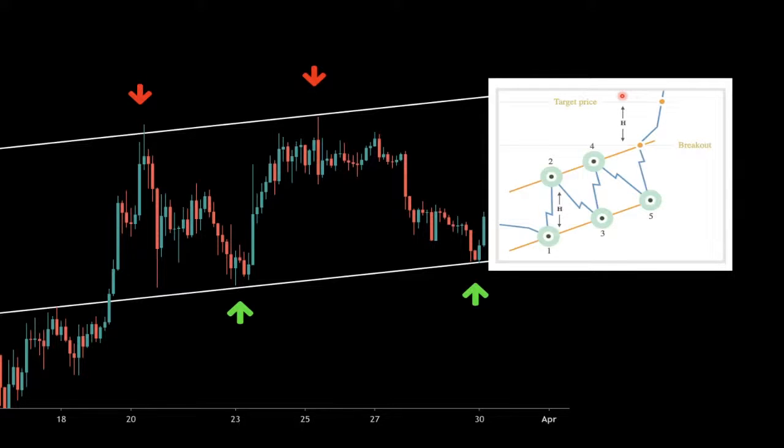So higher highs and higher lows, so these are the higher highs and these are the higher lows, characterize this price pattern. All right, and you see that's the exact visualization of this pattern directly from the book.